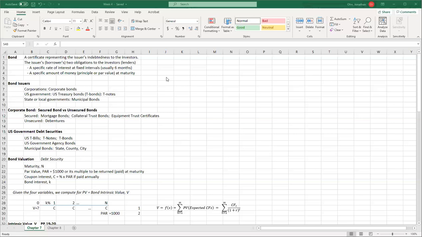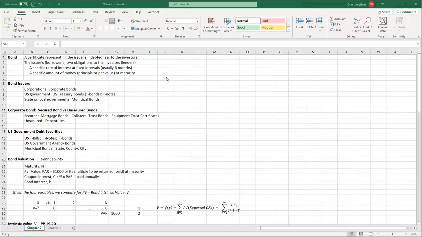Mortgage bonds are backed by real estate property. Collateral trust bonds are secured by financial assets like stocks and bonds. Equipment trust certificates are secured by transportation assets like vehicles, trains, airplanes, and ships.